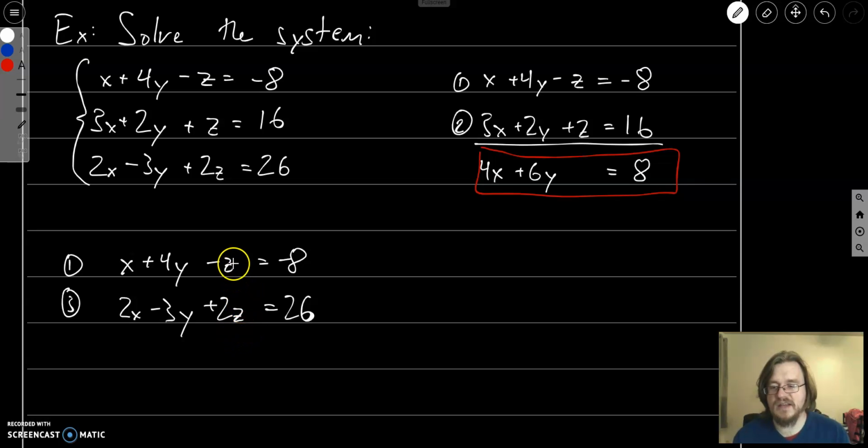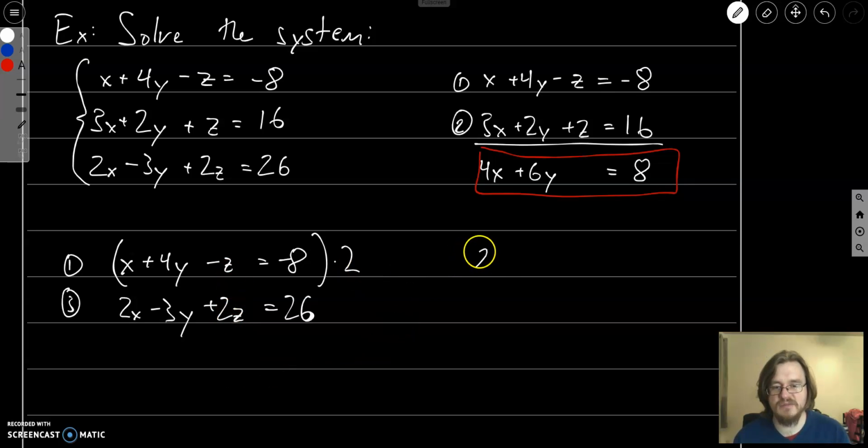When I look at equation number 1 and equation number 3, I have a negative z and a plus 2z. So these don't quite cancel, but if I multiply this top equation by 2, they will. Once I multiply this by 2, I'll have a negative 2z and a positive 2z. Then I'll be able to add these together to get them to cancel.